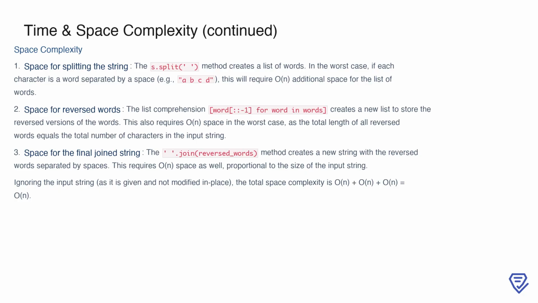Finally, the join method creates a new string to hold the final result, requiring yet another O(n) space. Altogether, the space complexity of these operations is O(n) plus O(n) plus O(n), which simplifies to O(n). It's important to note that we are not modifying the input string in place, so the space usage is proportional to the size of the input.